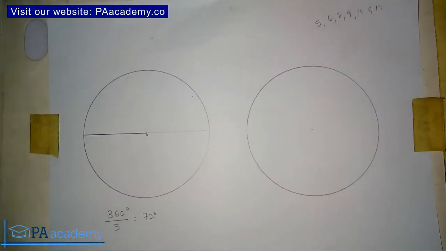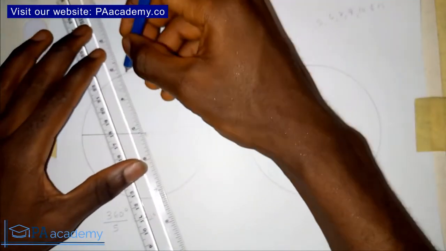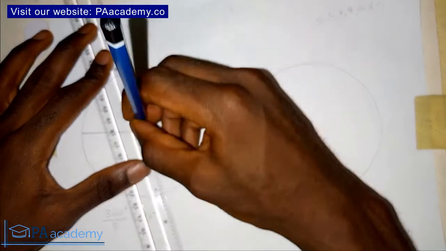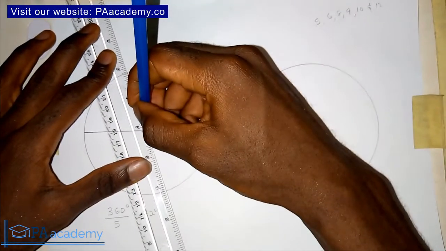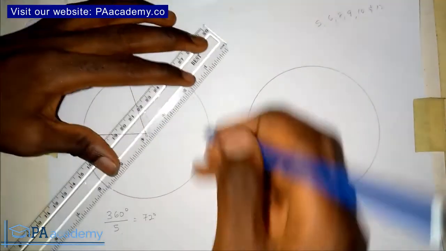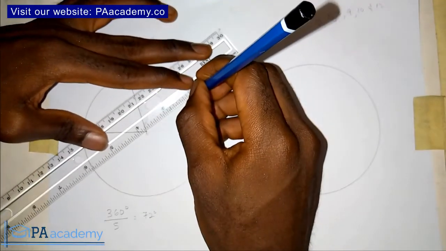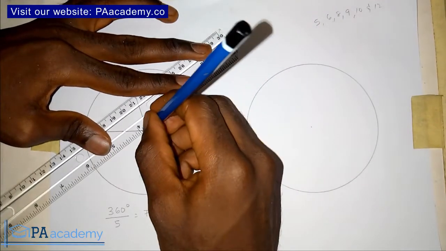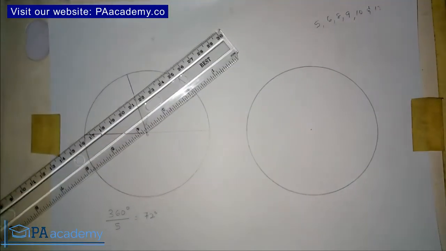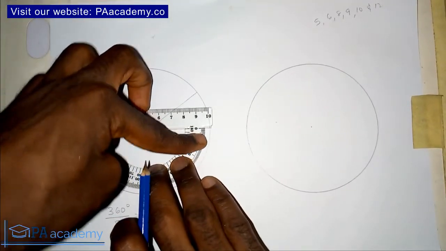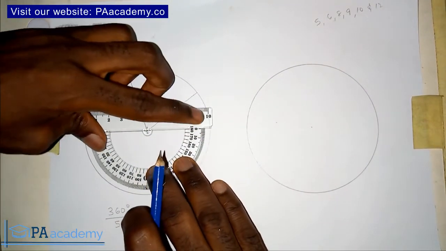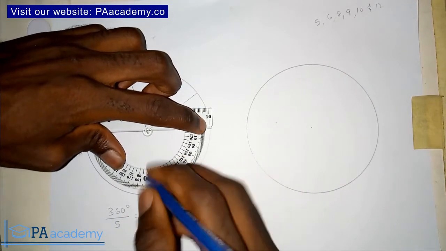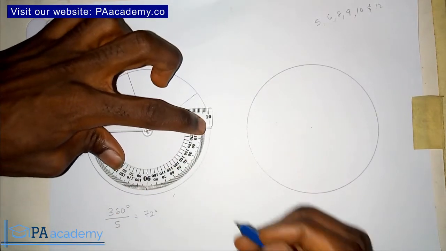Now let's join those points that we've noted to the center of the circle. So this is to point O, and this is to the center of the circle. I've already marked my 72 degrees, and then the next angle you are going to mark is 144.